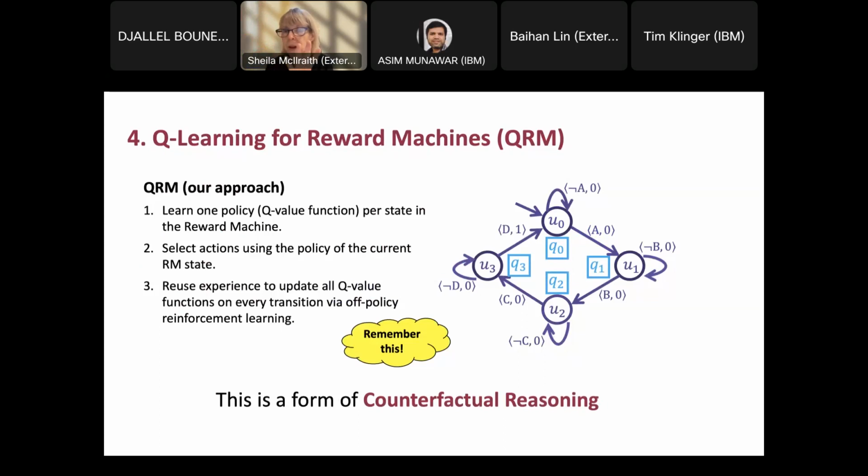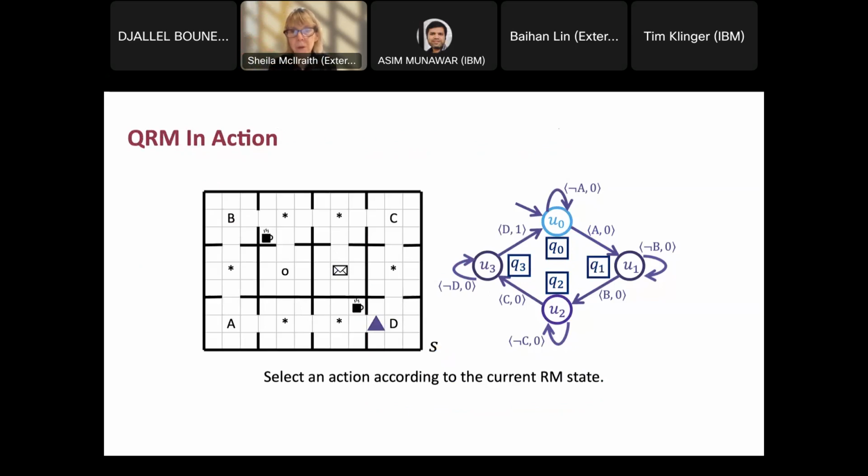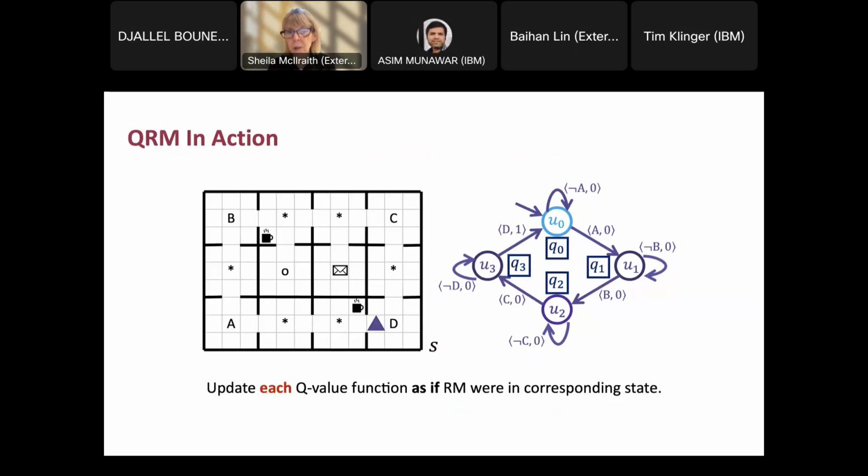It's a form of counterfactual reasoning. It's similar to hindsight experience replay in some conceptual way, for those of you who know something about that. And I'm just going to show you quickly how that works. So if I'm in U0, and I take a move, I'm going to update each Q function as if the reward machine were in the corresponding state.